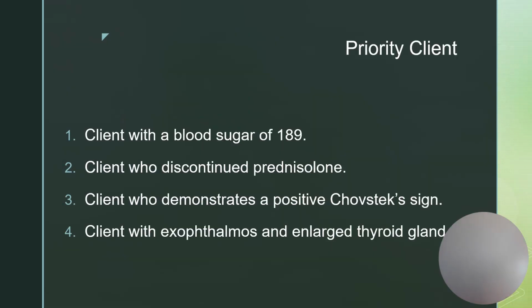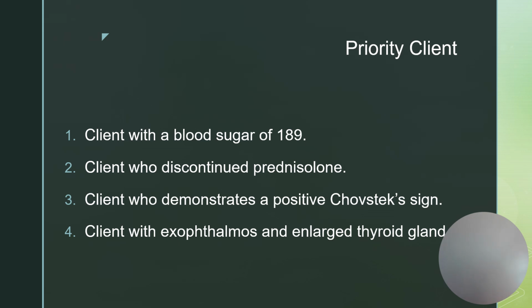Which client do we see first? Is it the client with a blood sugar of 189, a client who discontinued prednisolone, is it the client who demonstrates a positive Chvostek sign, is it the client with exophthalmos and an enlarged thyroid gland? Prednisolone is a steroid.